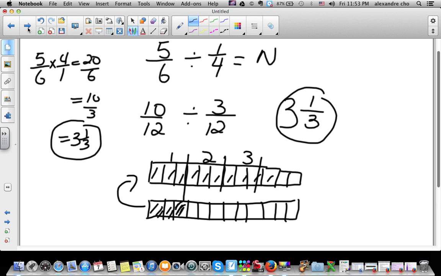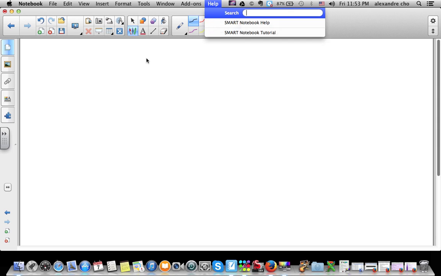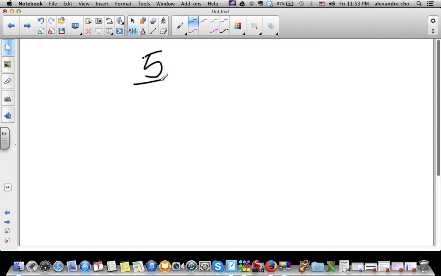Okay. And last question, the easiest question. 5 over 6 divided by 2/3. You're asked to use multiplication, which is obviously multiplying by the reciprocal, which is 5 over 6 times 3 over 2.